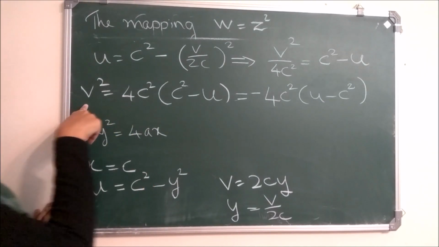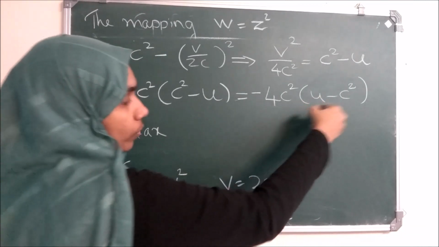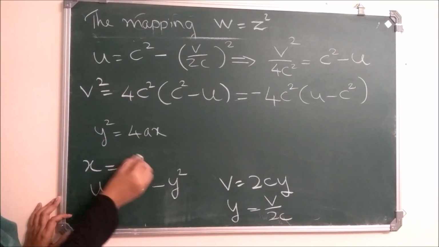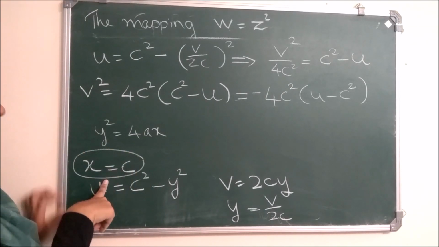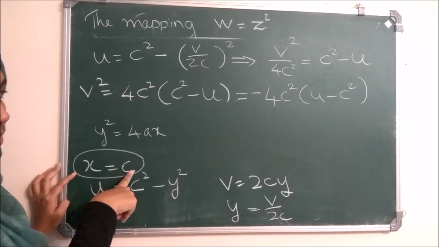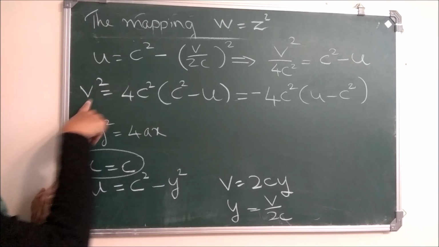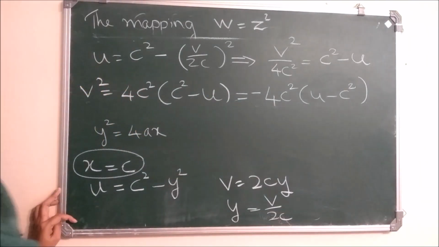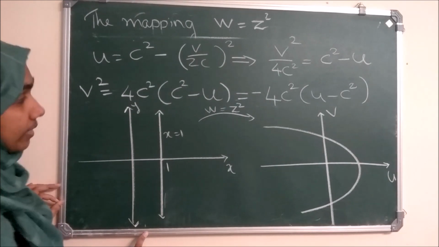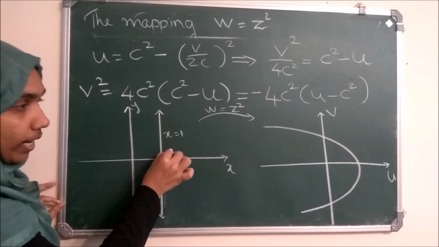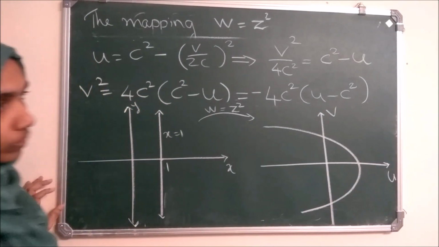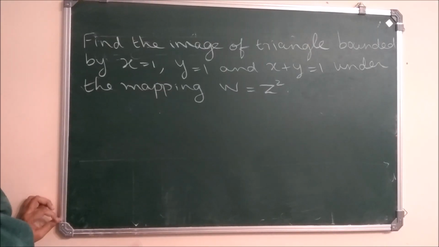So this V square is equal to minus 4C square into U minus C square represents a parabola. So you can say that the line X equal to C is mapped onto a parabola. V square is equal to minus 4C square into U minus C square. So you can see that the line X equal to 1 is mapped onto a parabola which is open towards the left.